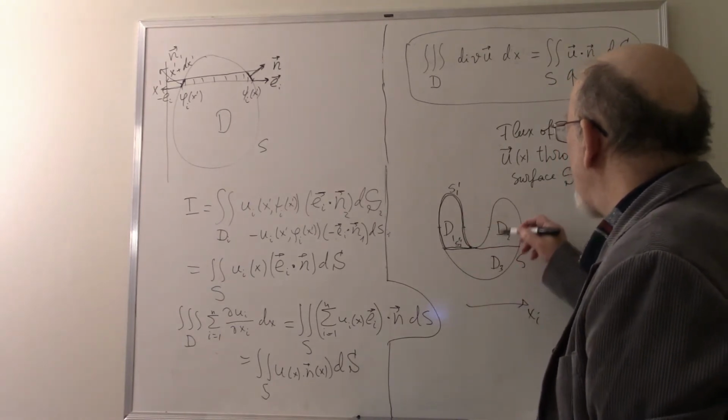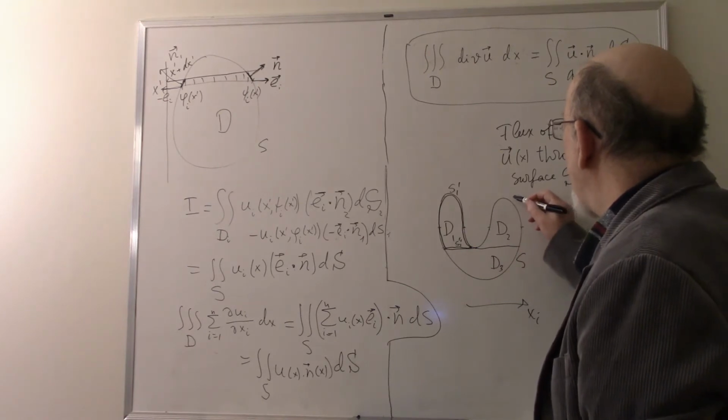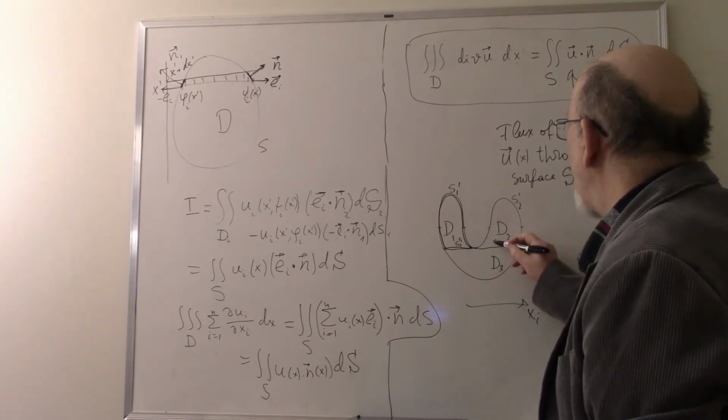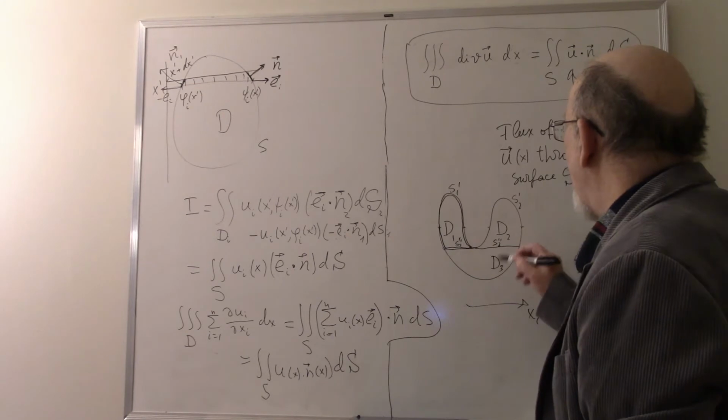The same for D2: its boundary is the union of S2 prime and S2 double prime.